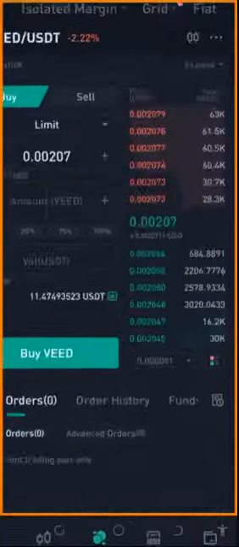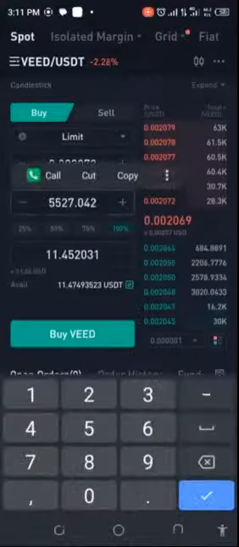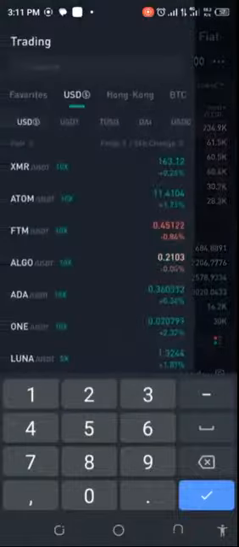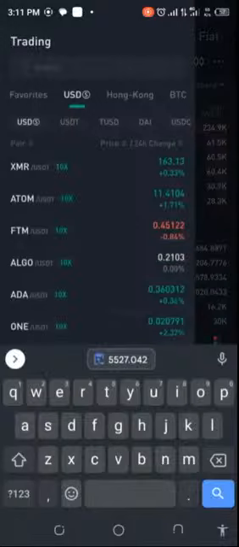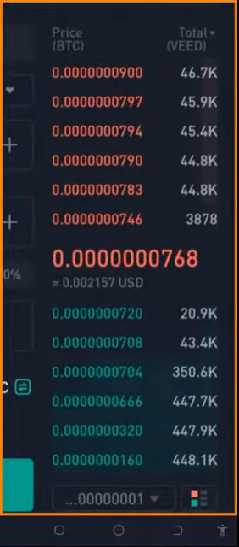Let me first check to see what's going on in the order book. Okay, let's see whether that's possible. We'll put in the first red here and then click on 100%, and go ahead and use that. This will sell instantly by the time we do this. Let's check what we have for VEED BTC. Let's see whether we'll still be able to make money. We want to sell.